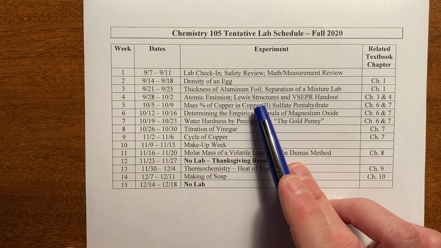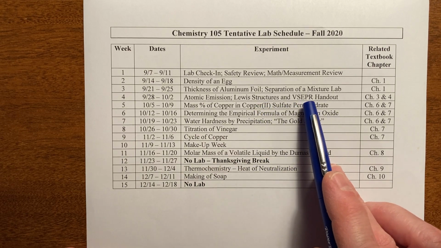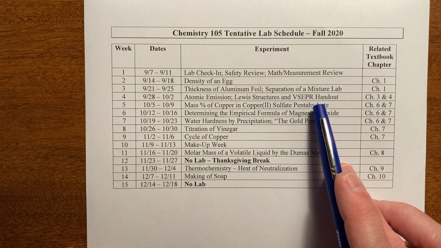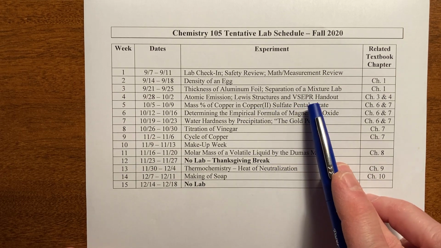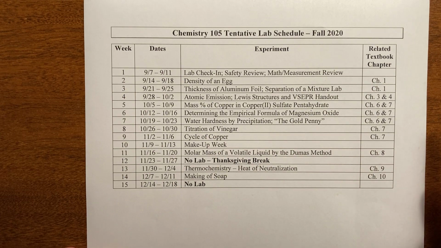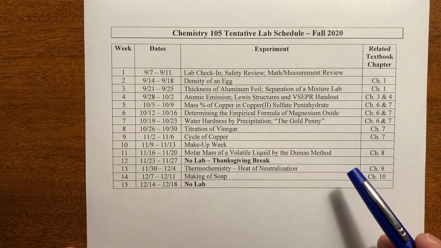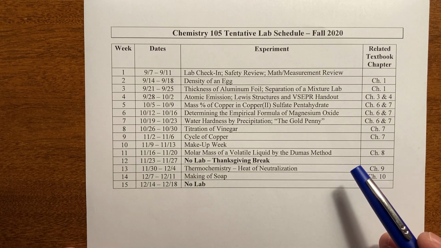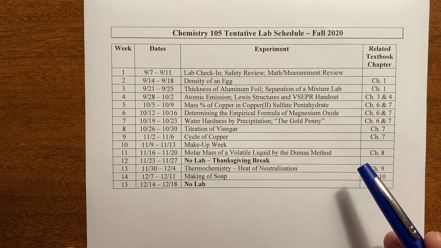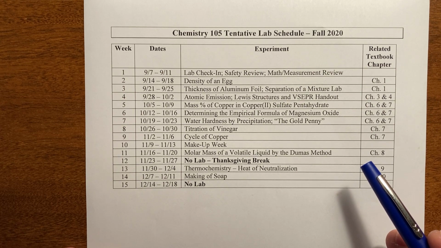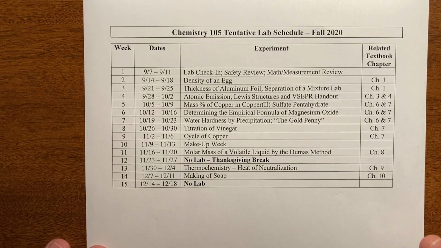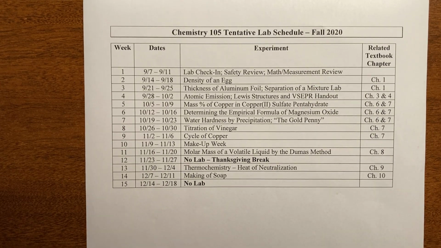The next week, I have a handout dealing with Lewis structures, which you could take home and work on, but at least get it started during the lab. And the atomic emission lab is not that long. The rest of the weeks, it's pretty much just 1 lab for a 3-hour time period. So there'll be more than enough time to finish the labs each week, and many of you will finish before you go home and be done with the lab for the week.